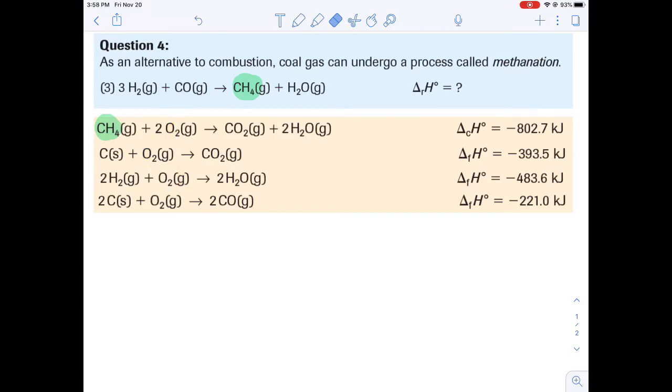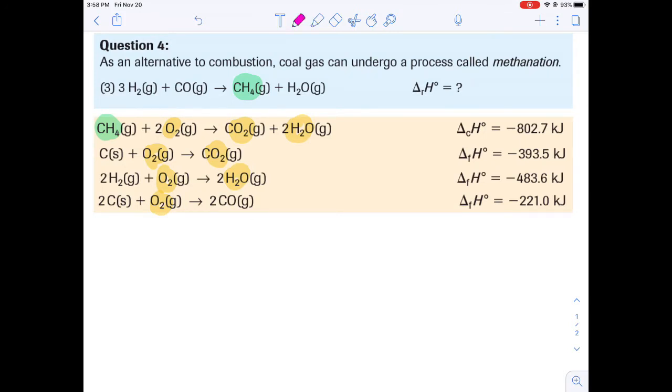Carbon dioxide also shows up here and here, so carbon dioxide might not actually be a great one to use to balance things out. So these ones highlighted in yellow are maybe not the best choice to use to balance. I also have water in 2 different places, so those might also not be great to use to balance.